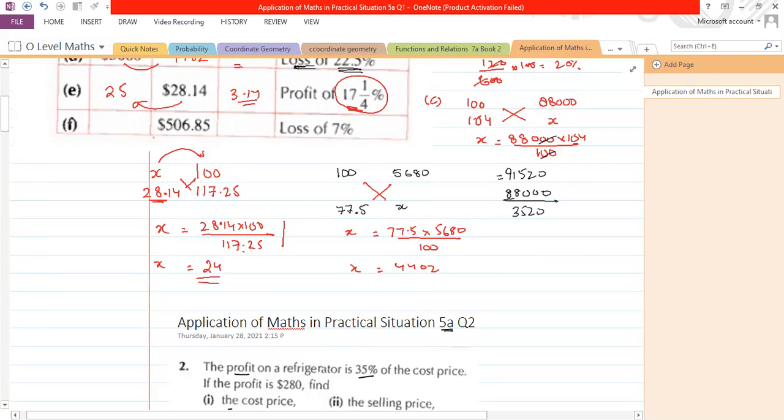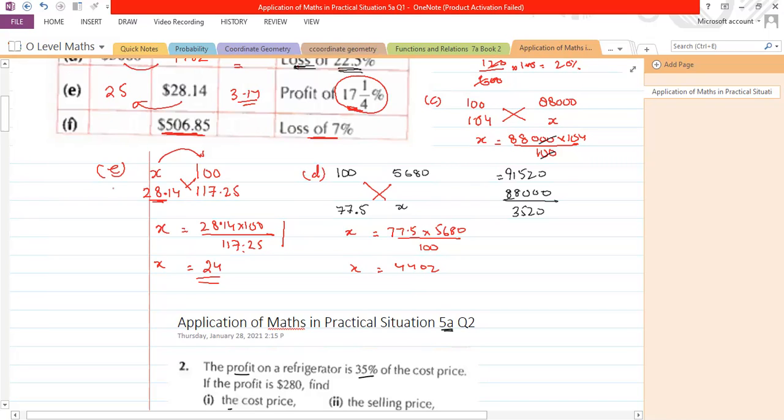This is your profit. Again, then a loss: this is the selling price, and it is at a loss of 7%. So you can definitely say that this part is E. This part is D, this is C. Now see the F part.